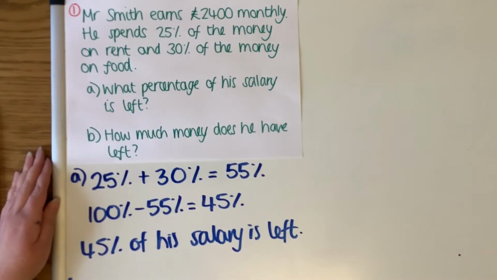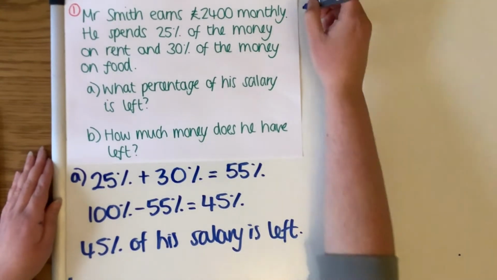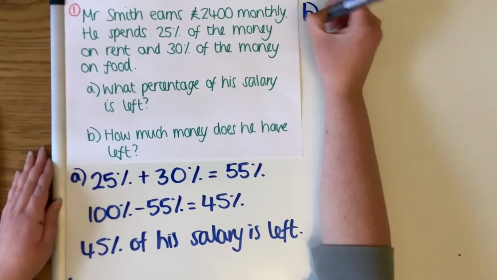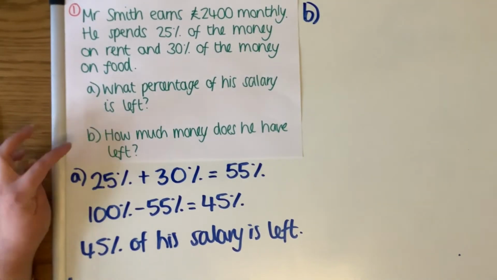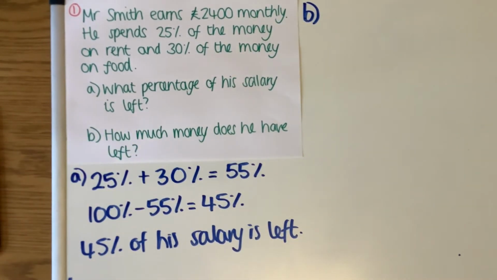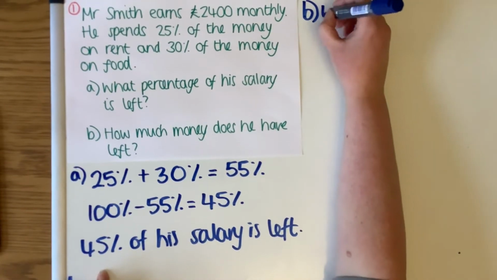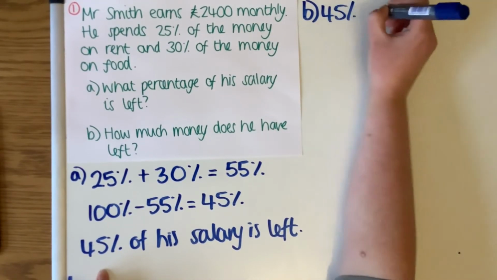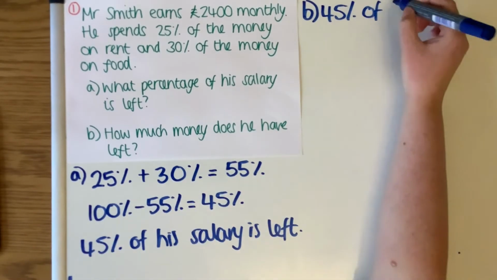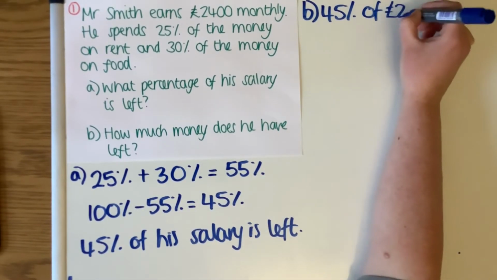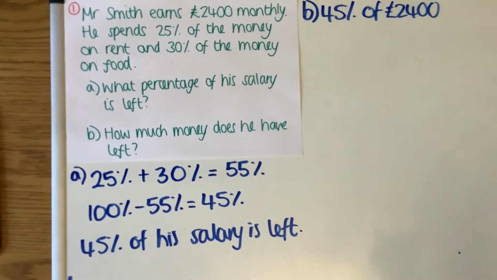So that answers A. B, let's just answer up here because I've got a bit of space. B asked me, how much money does he have left? What I need to do here is work out 45% of the amount of money that he has, which is £2,400.